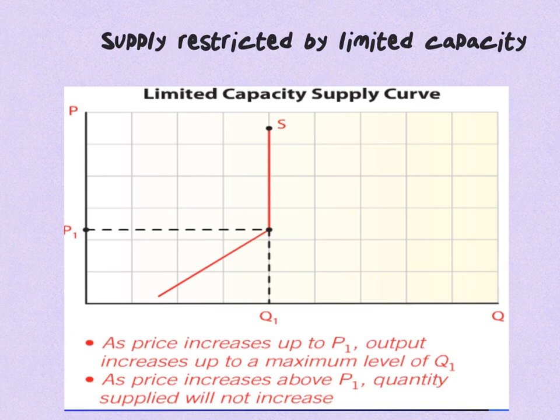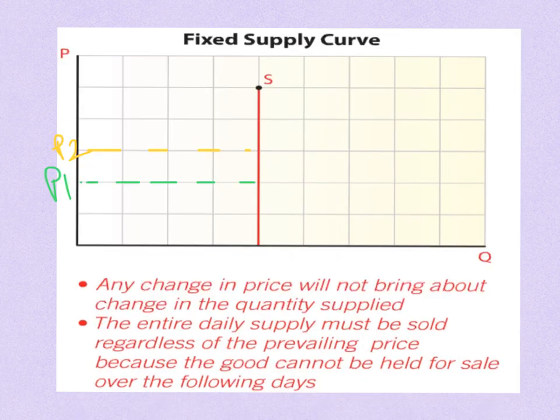We say that the garden centre has limited capacity. So therefore, as price increases, eventually a point will be reached whereby no matter how much price increases, they still can only supply Q1.